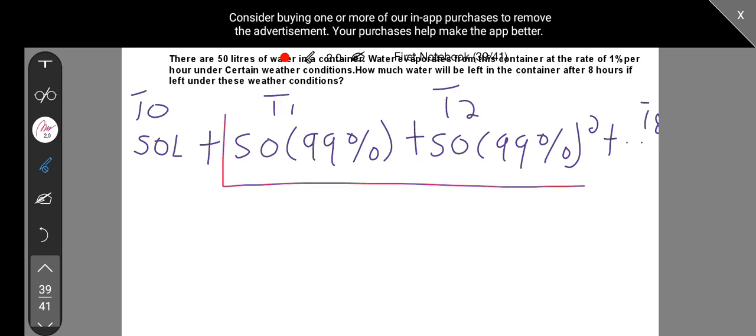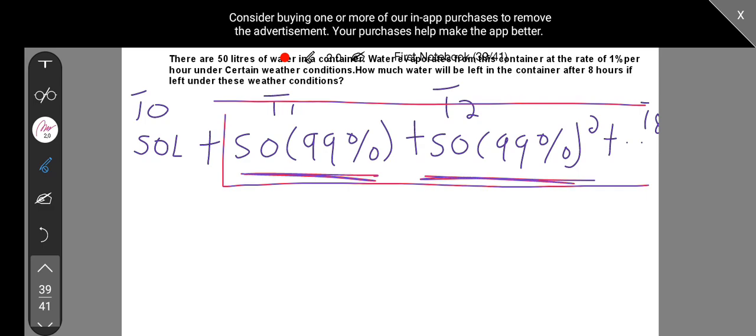After the first hour we have this amount, after the second hour this amount, and so on until we reach the 8th hour. We don't count the first one; that is what was there initially. Nothing was lost. Initially we had 50, so just ignore it. We want to know how much will be in the container after 8 hours.